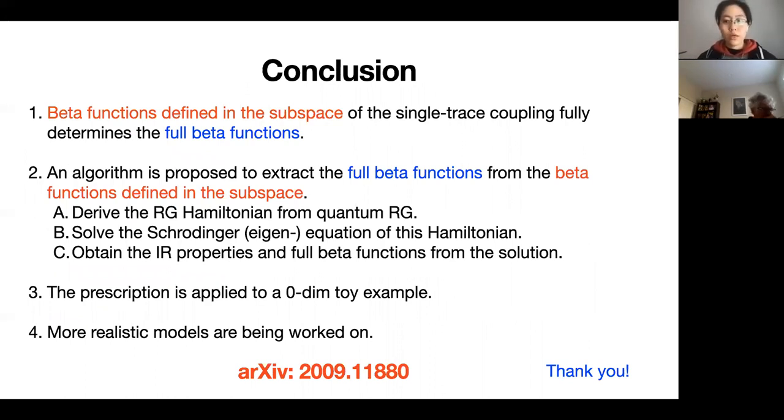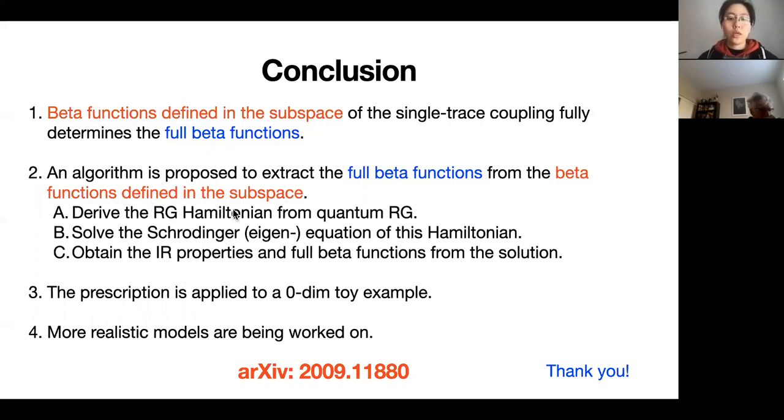So we have two main results. Firstly, the beta functions defined in the subspace of single trace coupling fully determine the full beta functions. And secondly, we propose an algorithm to extract the full beta functions from those beta functions defined in the subspace. So roughly, the algorithm contains 3 steps.